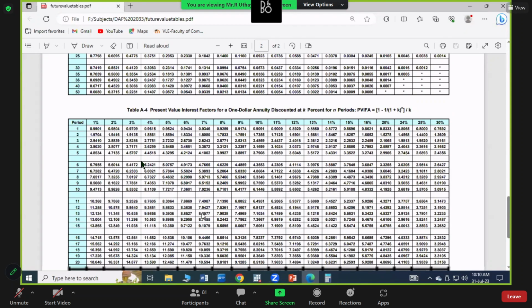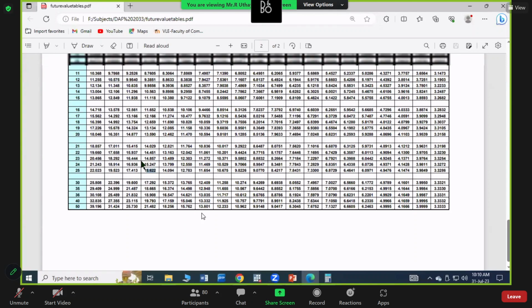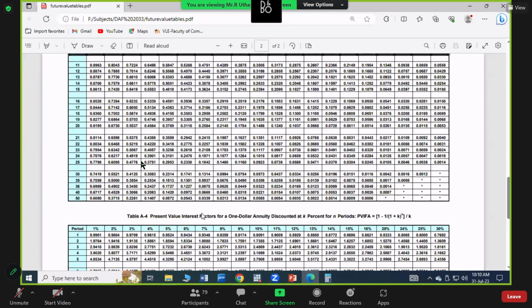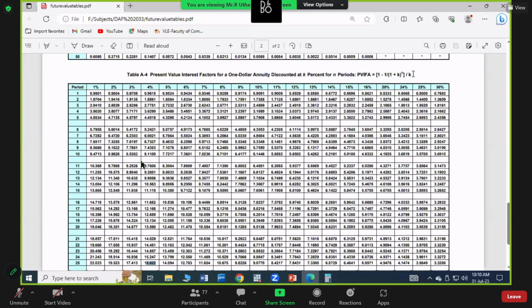So what can you do? You can use your calculator to generate the factor using this equation. That equation is given like 1 minus 1 over 1 plus k to the power n, over k.